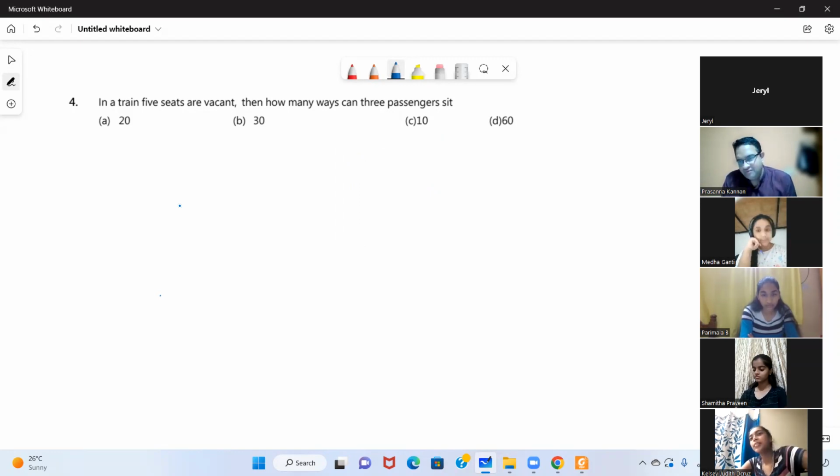Let's say the seats on the train are numbered: seat number 1, seat number 2, seat number 3, right, Kelsey? Yes, sir. Let's say in seat number 1, Kelsey is sitting, in seat number 2, Meda is sitting, in seat number 3, Parimala is sitting. Now, if Meda sits in seat number 3 and Parimala sits in seat number 2, is it a different arrangement or the same?